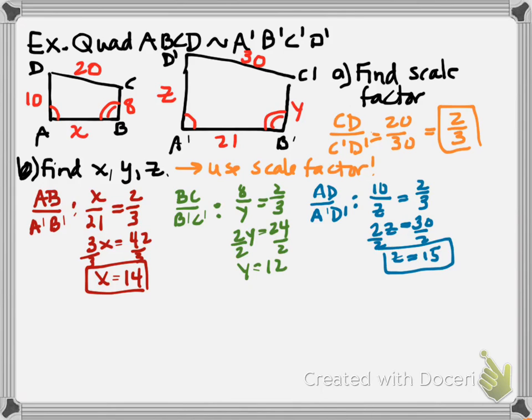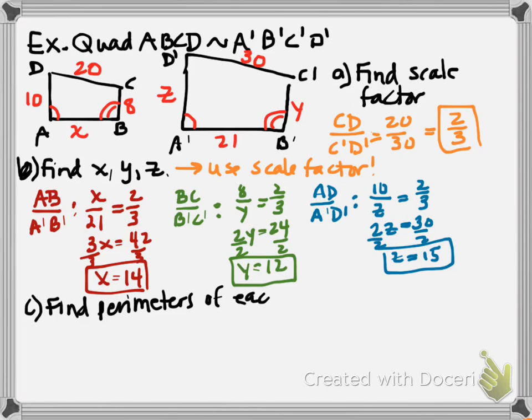Okay, so that's using our scale factor. And then we're going to go ahead and ask you to find the perimeters of each quadrilateral. So we'll start with A, B, well, let's try this again.